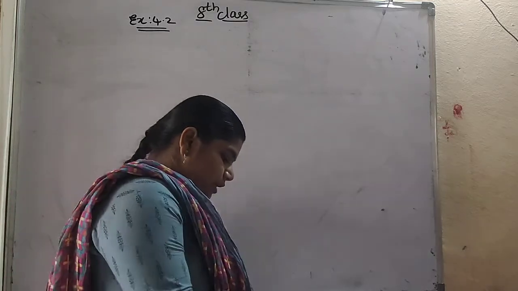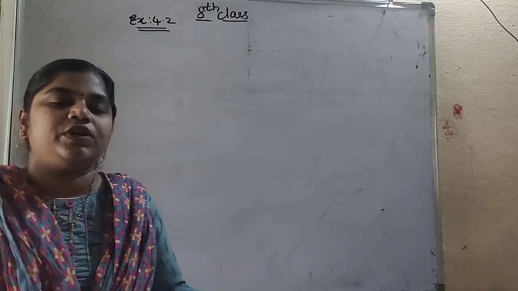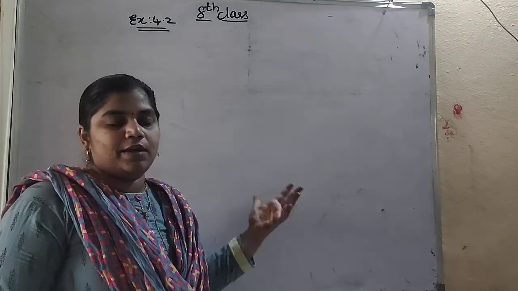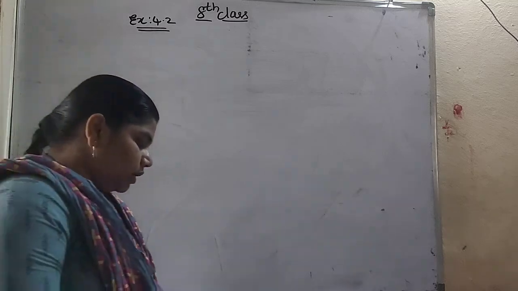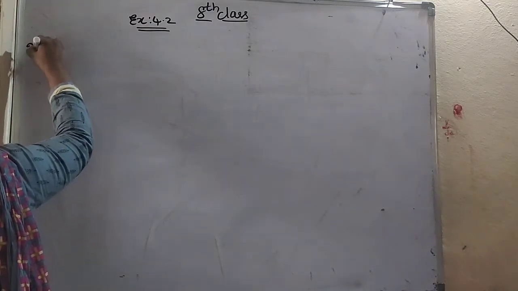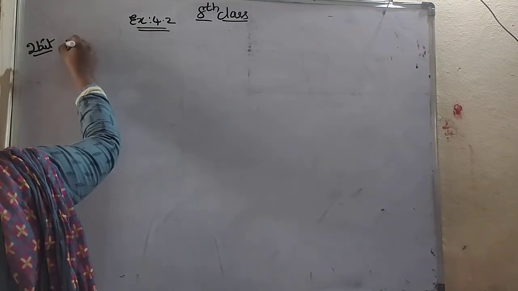So second bit, express the following numbers in usual form. They have given in the form of scientific notation. We have to convert to a simple number now. It can be a bigger number, it can be a smaller number.